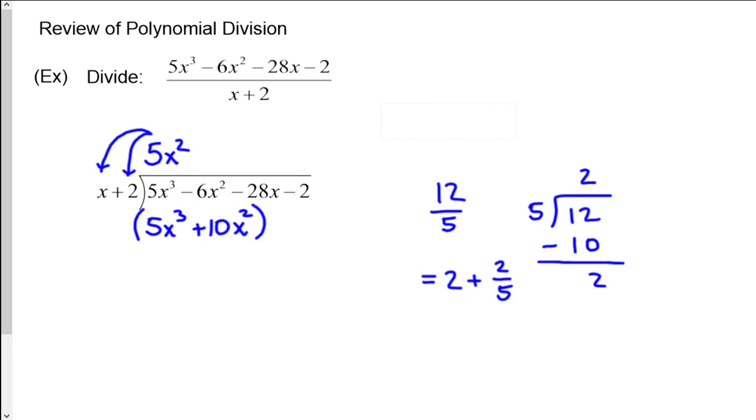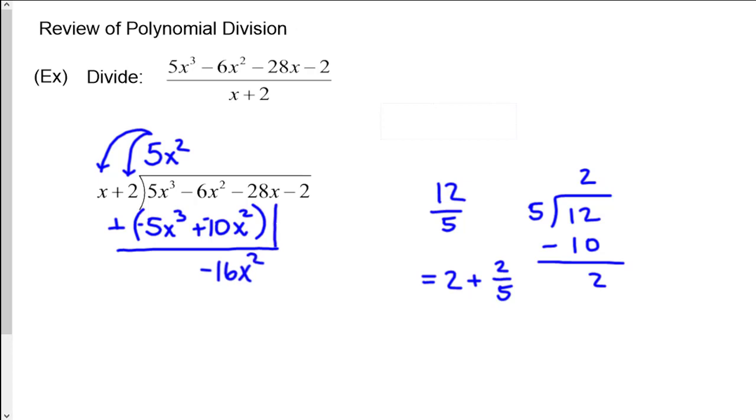Similarly, as you did in long division, at this step, you subtract. So this first term becomes negative, and this next term becomes negative. In effect, you're doing 6x squared minus 10x squared, which is negative 16x squared.